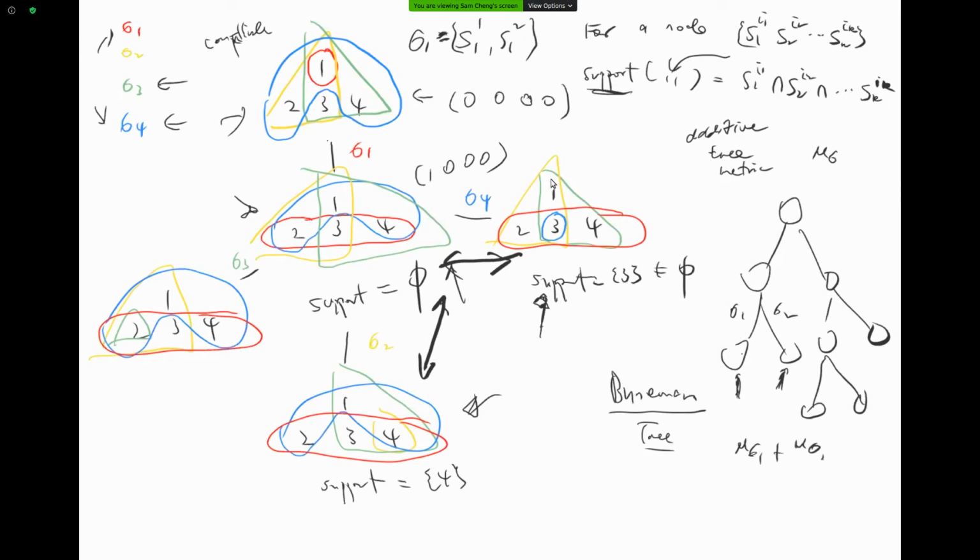Looking at this other example, the distance between these two nodes can be quantified by mu sigma 3 plus mu sigma 4, because they differ by sigma 3 and sigma 4.